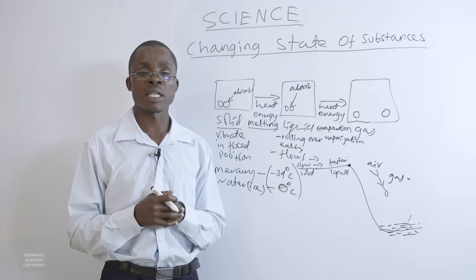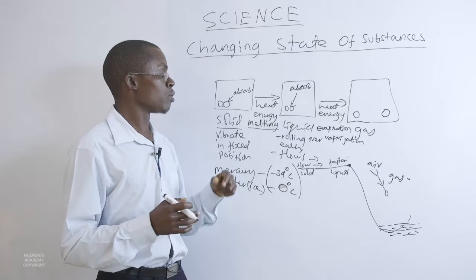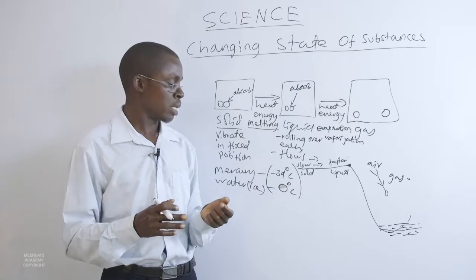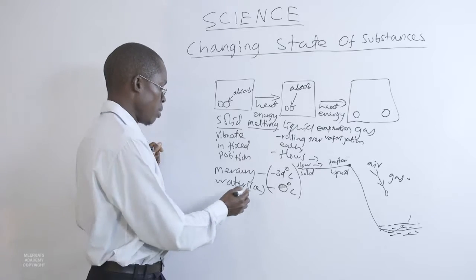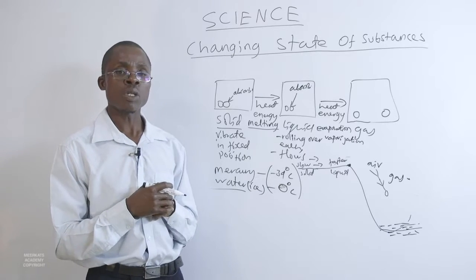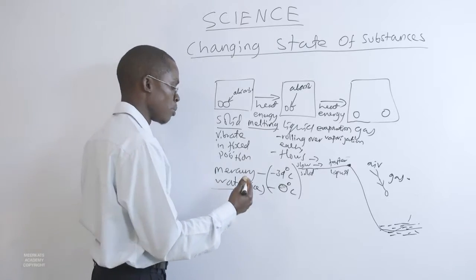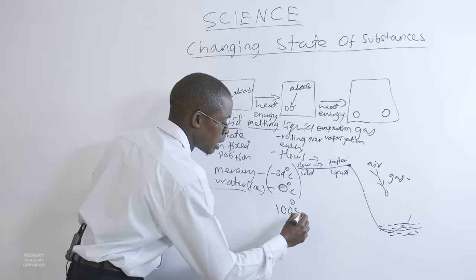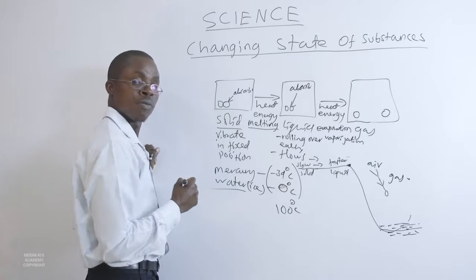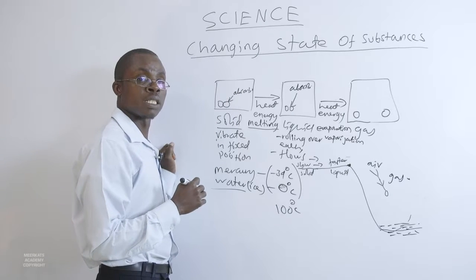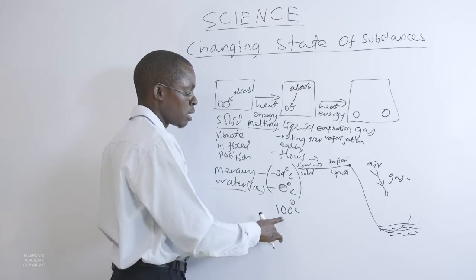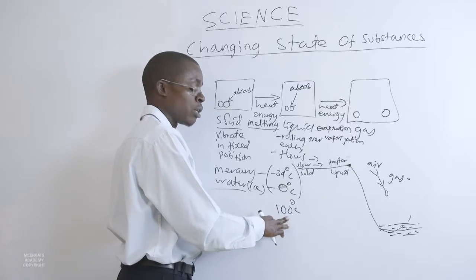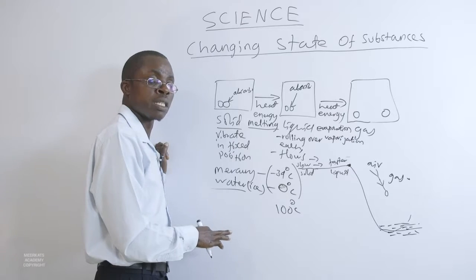But when you talk about the boiling point of a substance, let's be particular, when you are talking about water, we know very well that the boiling point of water is 100 degrees centigrade at sea level. Does it mean that evaporation or vaporization only takes place at 100 degrees centigrade?